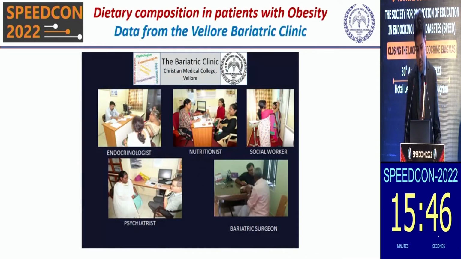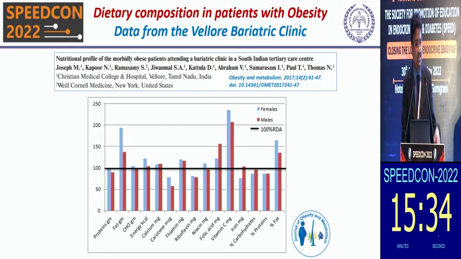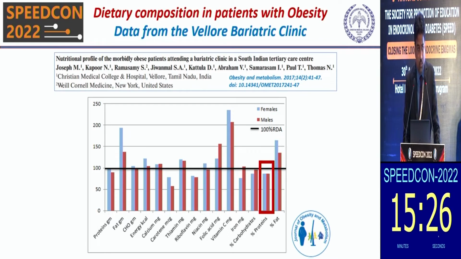When we looked at data from our own obesity clinic in Vellore, we have patients who have significant obesity. The mean BMI here is 42, and they are taking about 150 to 200% more calories than what they should be, but still they don't meet the amount of protein that they should. So this is the problem with obesity.